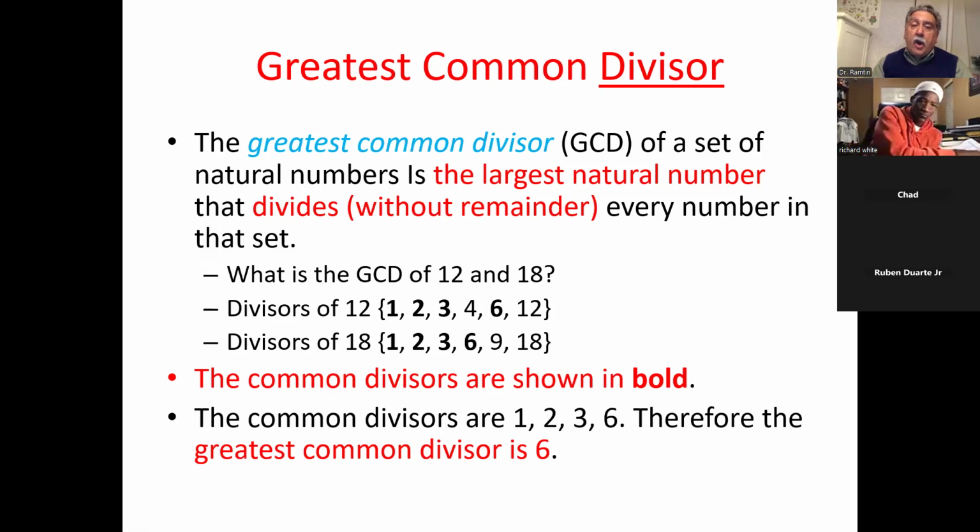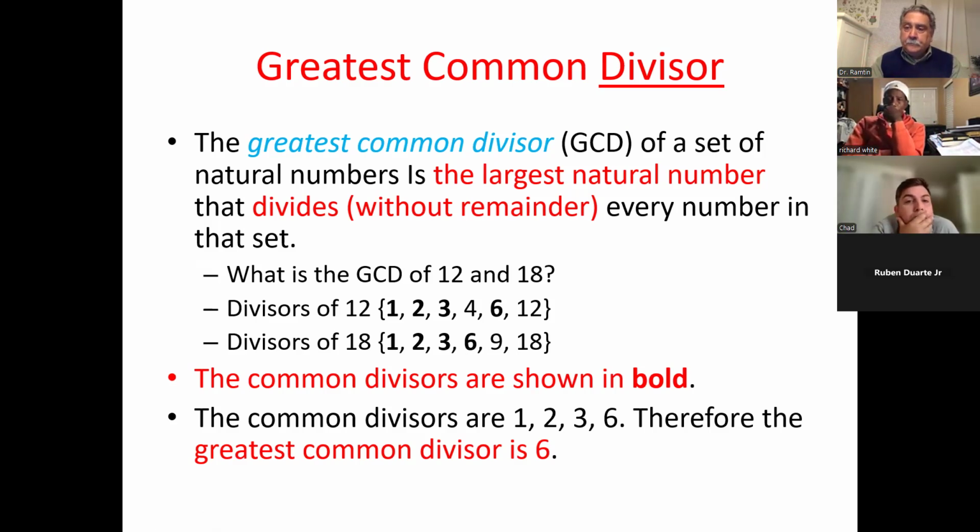You find the common numbers between them, and I put them in bold for you. The common divisors are 1, 2, 3, and 6. The greatest common divisor is 6. That means the greatest number that divides both 12 and 18 with no remainder is 6. Okay?